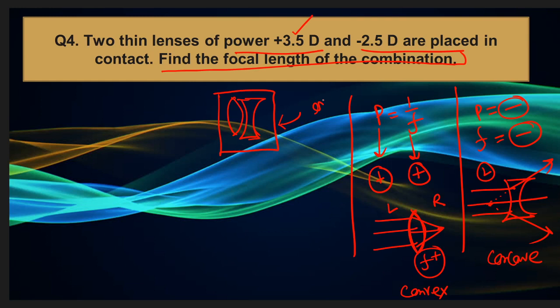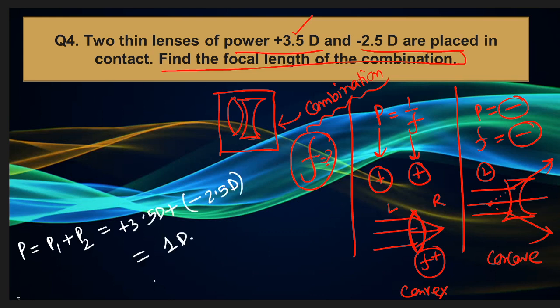We know in the book this formula is given, that total power equals the summation of all the powers that make up the combination. So here simply it will be plus 3.5 plus minus 2.5. That means it will come to 1 diopter.